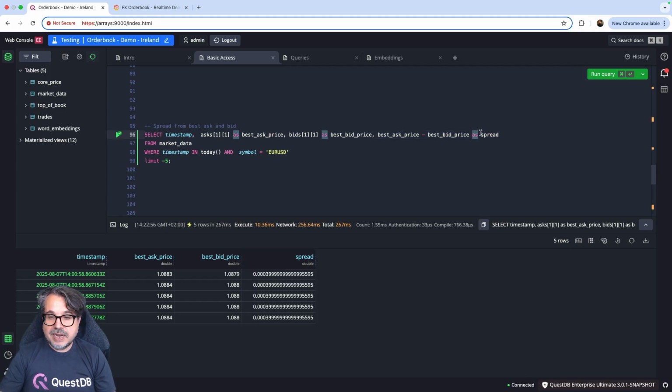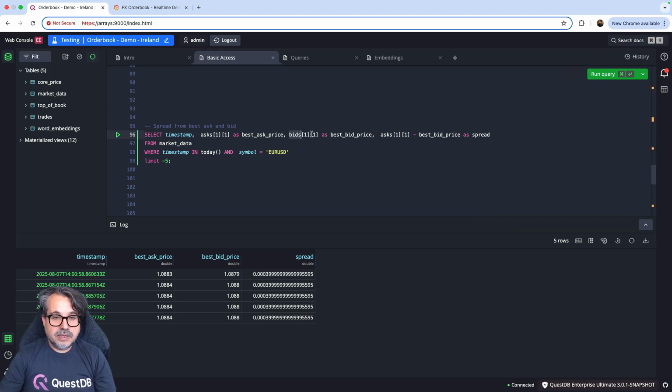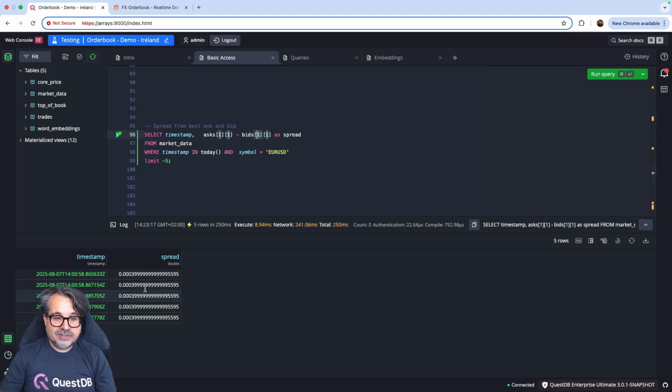Here I'm using the column alias, but of course I could also access the arrays directly by index. I could do this. I can just say, give me the first position in the prices for the ask, first position in the prices for the bids, and again, I have exactly the same information. So basically here, I'm getting the spread I have on my data, at any particular moment.